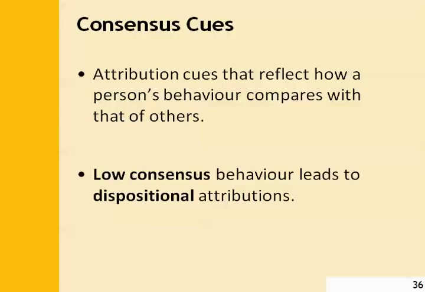That means most probably a situation happened, for example bad traffic, crowded roads, a road accident that led everyone to come late today, or there was massive rain, anything. But if he is the only one who came late today and his colleagues were on time, then in this case there is no consensus, low consensus behavior, and that leads to dispositional attribution.